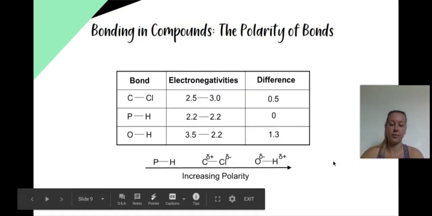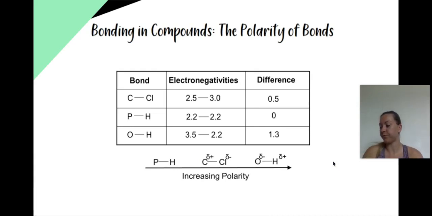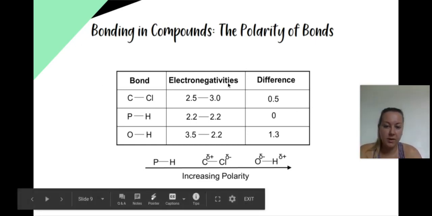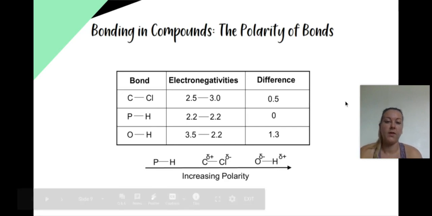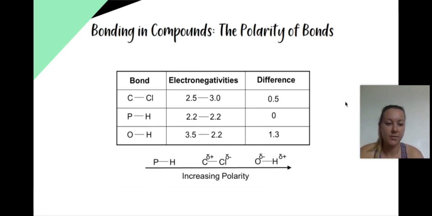So if we flip over to page 4, you'll see that we can have a look at this table here. The C to Cl bond has a difference of 0.5, so it's going to be a polar covalent bond.